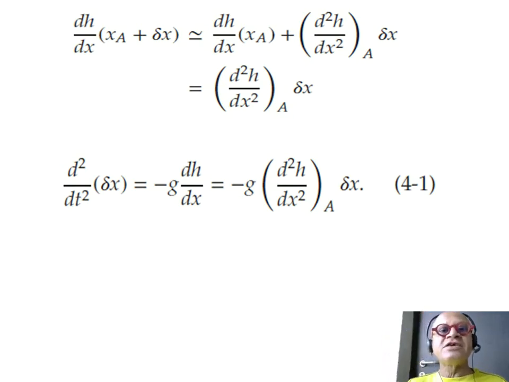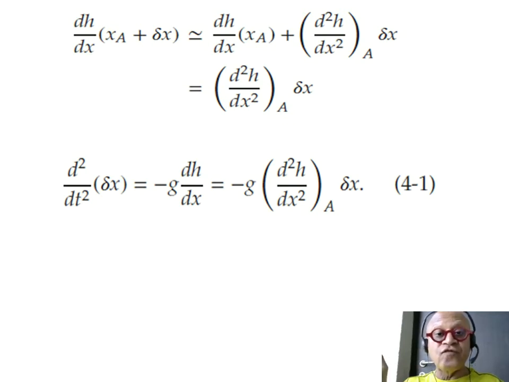So how do we write the equation of motion? It's basically the acceleration of the change of position. The time derivative of delta x gives you velocity, and the time derivative of that velocity gives you acceleration, because we are going to write F equals ma, where m is unit mass. So d squared delta x/dt squared, the acceleration for a small perturbation, is equal to the gravitational pull.